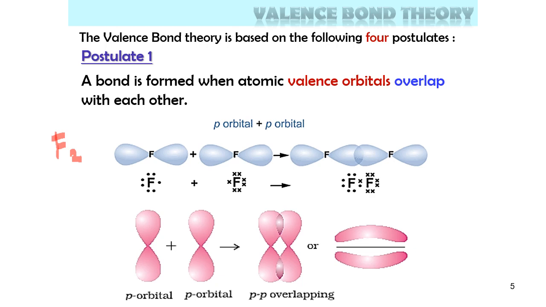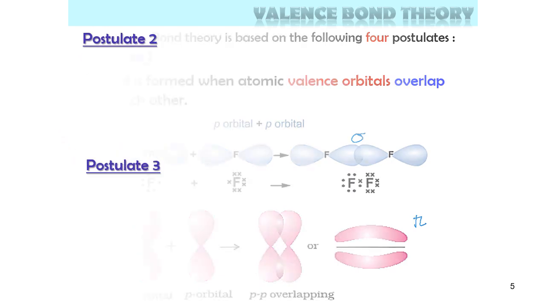And if you have another p orbital with different orientation, you will have the overlapping side by side, like this. Normally the first one is for sigma bond, and the next example here in purple color is for pi bond. We will see further when we go through a few examples of molecules.